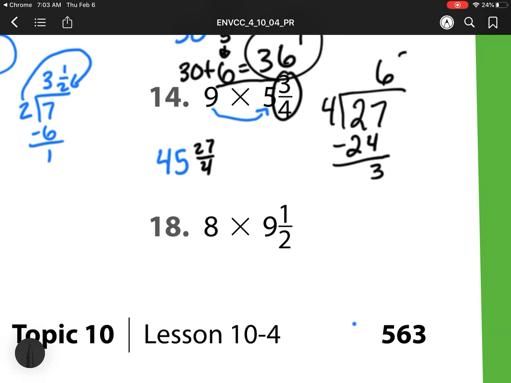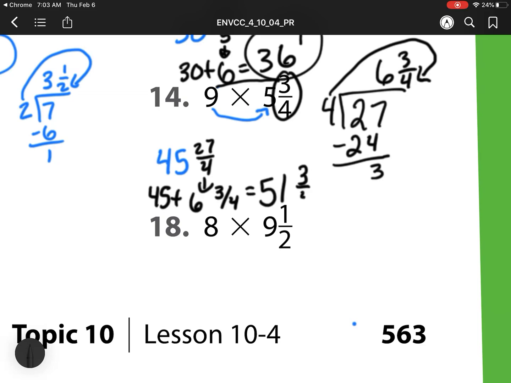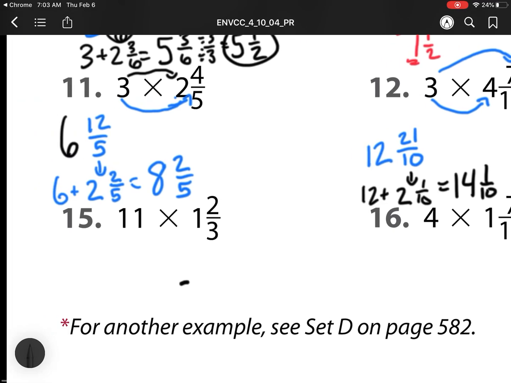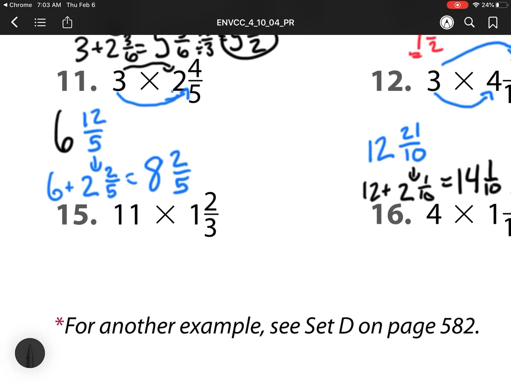Subtract. I have 3 left over, and I need 4 pieces to make a whole. So it's 3/4. So now this 27 divided by 4 is 6 3/4. And I have 45 I need to add. So adding together, I would have 51 3/4.